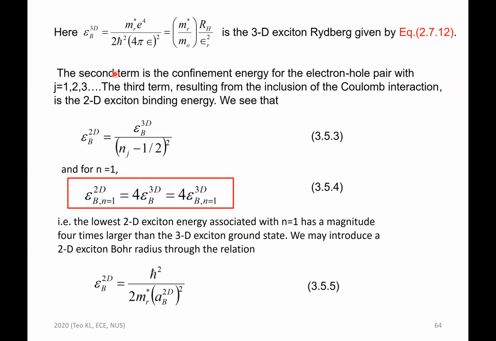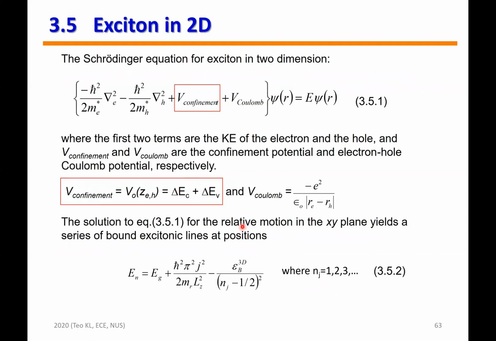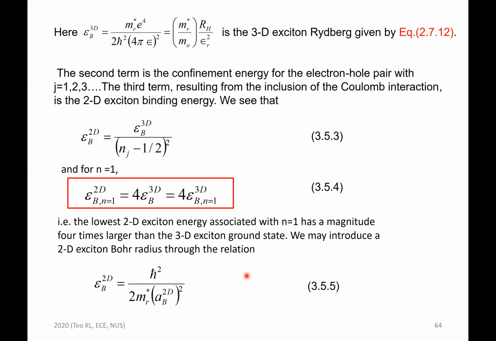Now, the second term down here is the quantized energy. Now, the third term is the Coulomb interaction between the electron in the conduction band and the hole in the valence band. And that gives you the 2D exciton binding energy. The 2D exciton binding energy is expressed in terms of the 3D binding energy.